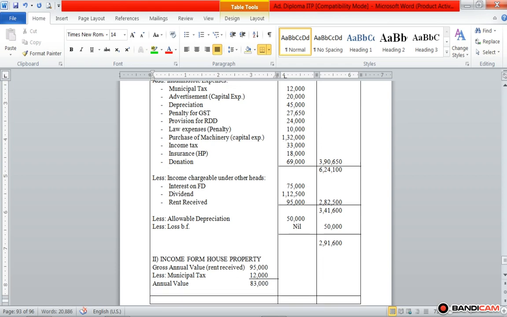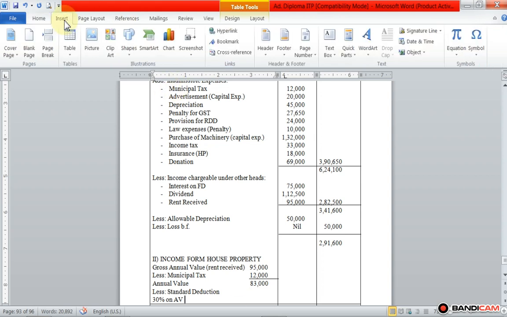Okay, then we deduct a standard deduction. Standard deduction is 30% on annual value, that is 83,000 into 30 divided by 100.